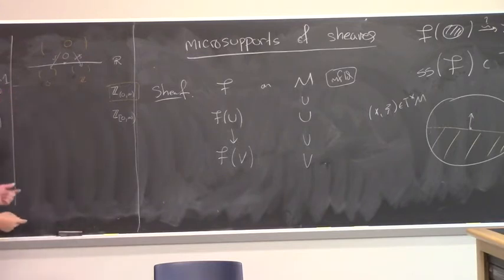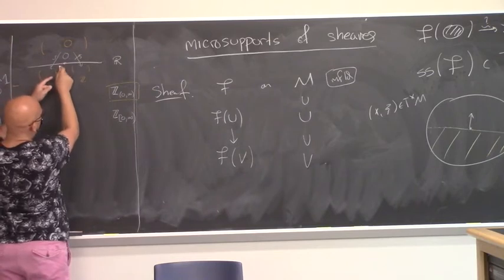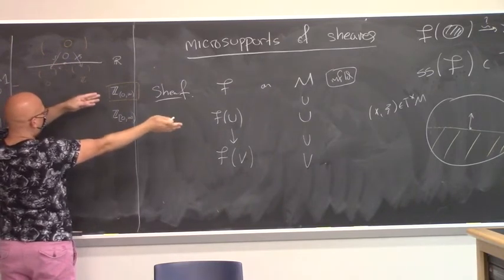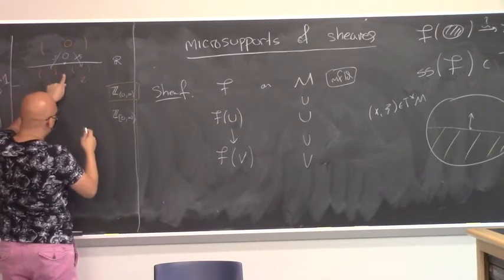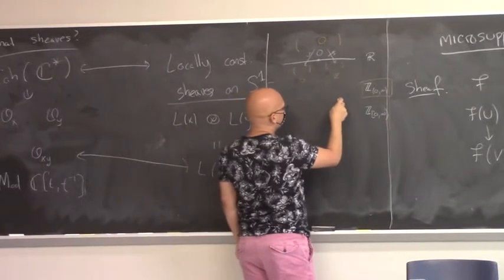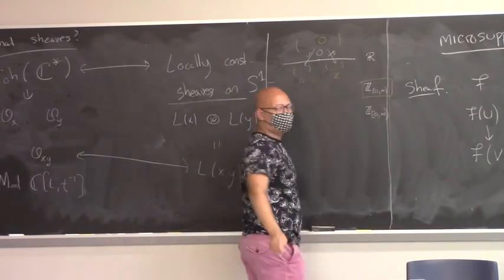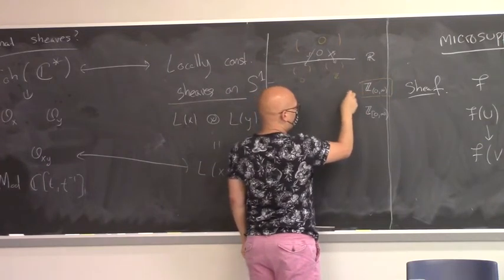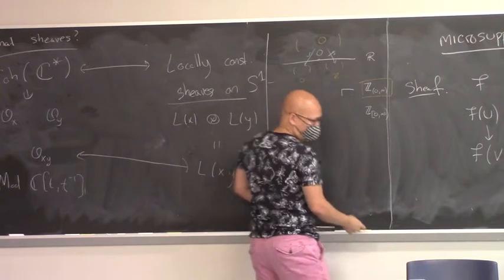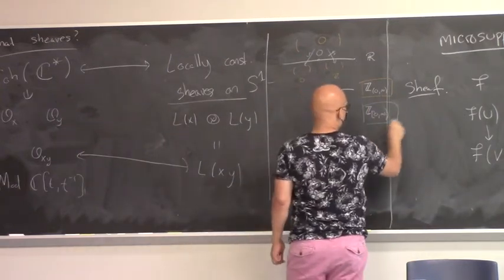And so that means that if my original covector was this way, then that restriction I drew was not an isomorphism, so that covector is the microsupport, and the other covector is not. And it's easy to see that away from 0, all the covectors are not. So the microsupport of this one looks like this, and this other one has the other thing.